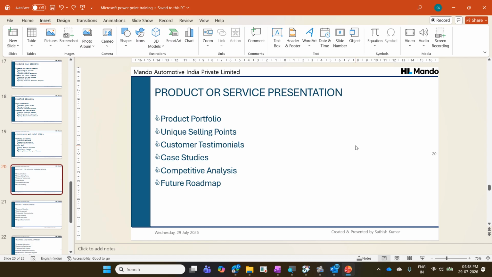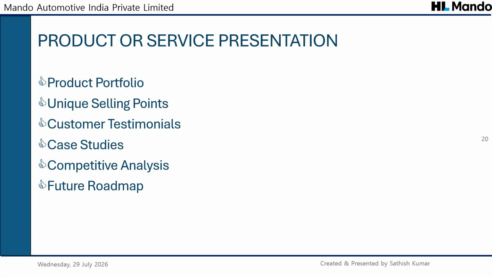F5 will start from the first slide, whereas Shift F5 will start from the slide where we have left off. Shift F5, Shift function F5. On some laptops you have to press the function key also.